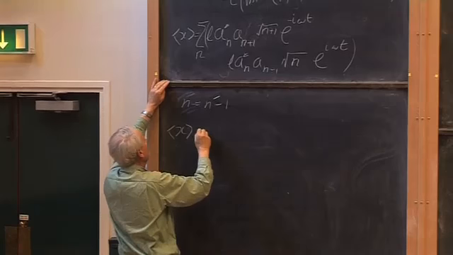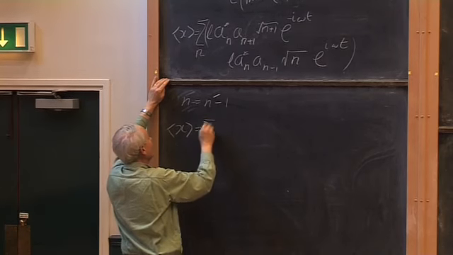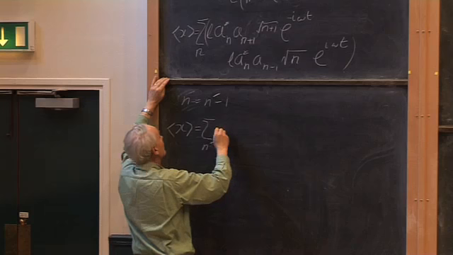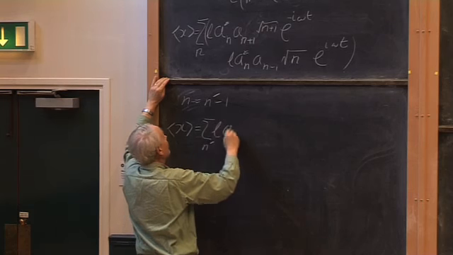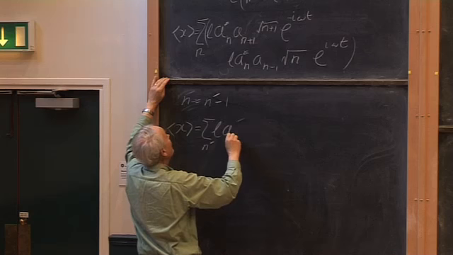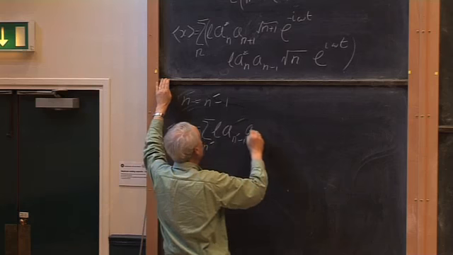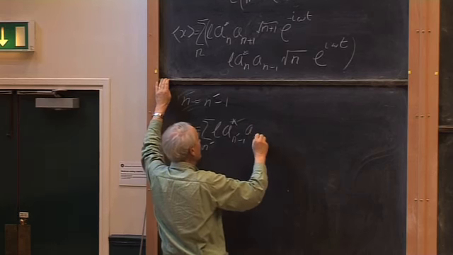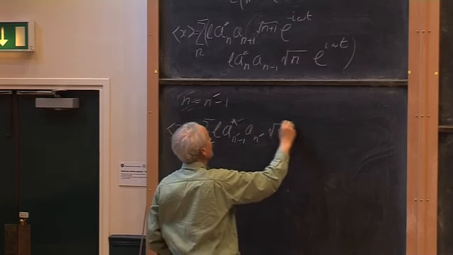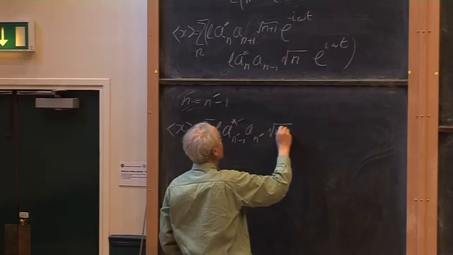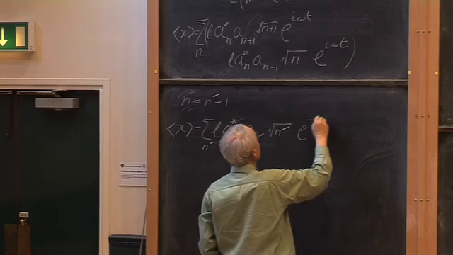So when I do this, I'm going to have a sum now over n primed, of L, a_(n primed minus 1), a_(n primed) starred, times the square root of n primed, e to the minus i omega t.